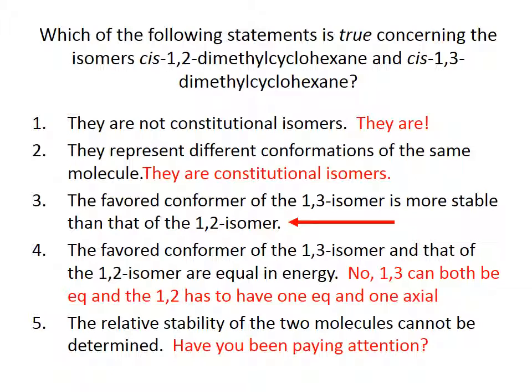Well, that's not true, because we went through a lot of talk about how when it's 1,3, they can both be equatorial or both axial, and 1,2, one equatorial and one axial. If you're having trouble determining the stability of the two molecules, try drawing them out and putting them in various positions to figure out which one is more stable and which one is less stable.